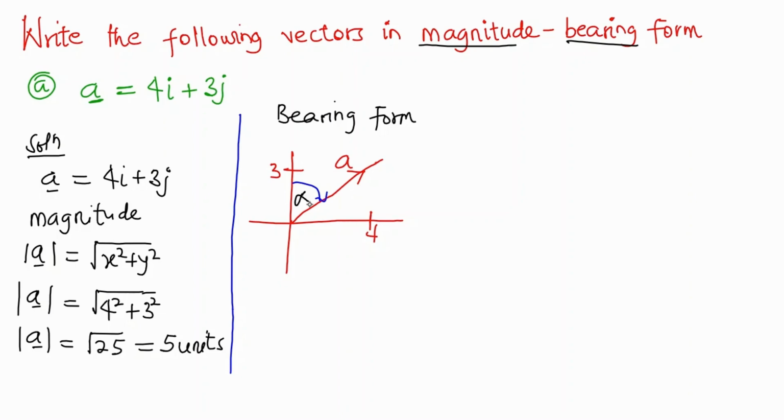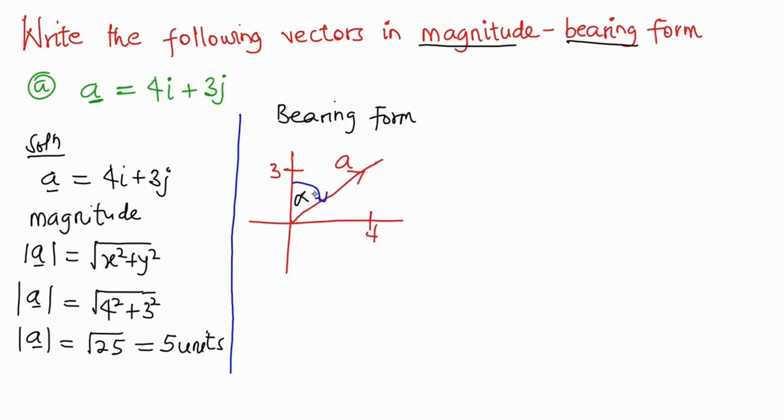Now, we cannot directly find alpha, which means that we have to take into consideration the angle the vector makes with the x-axis. With that, we are going to apply a trig ratio to get that angle. Then we consider the quadrant in which alpha lies and the angle it makes with the x-axis, and we can easily get the value of alpha. We are adopting that strategy because we cannot directly find alpha here.